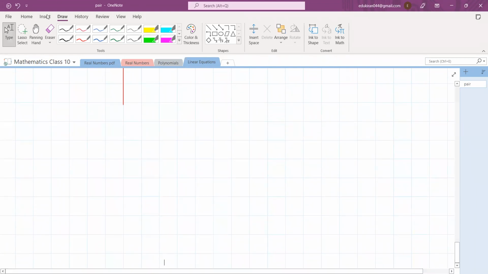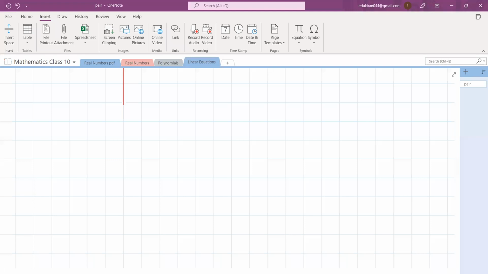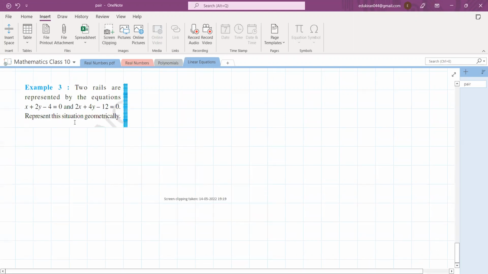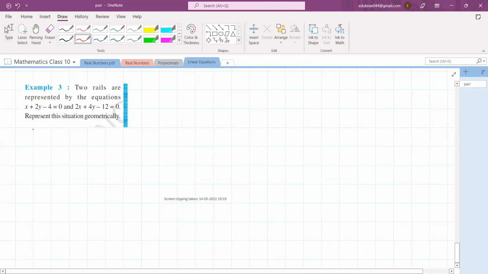Let me just insert the example. Okay, so two equations are given here. One equation is x plus 2y minus 4 is equal to 0, and the other equation is 2x plus 4y minus 12 is equal to 0.